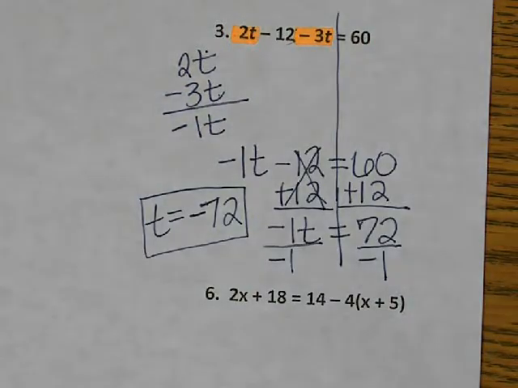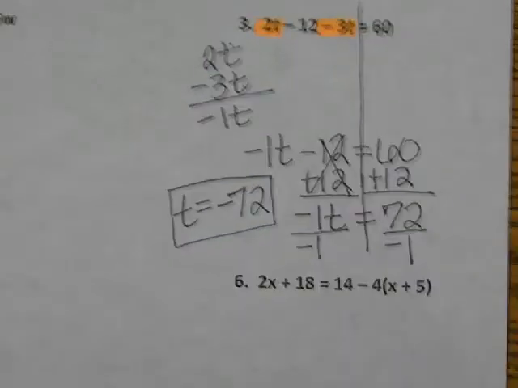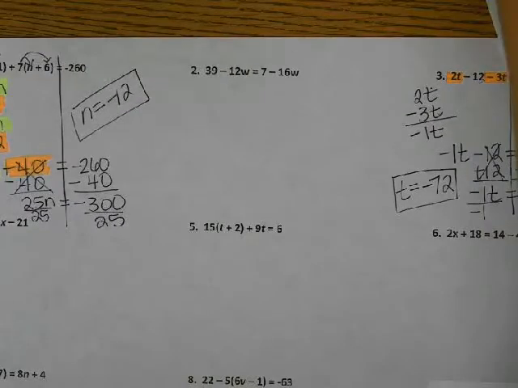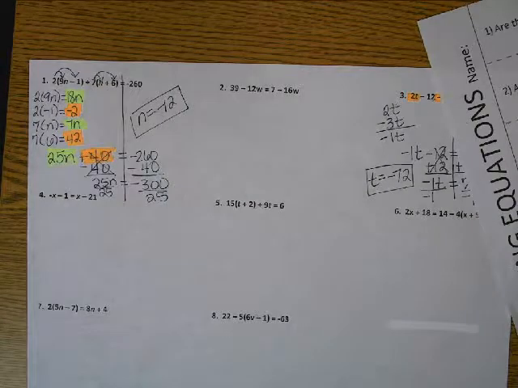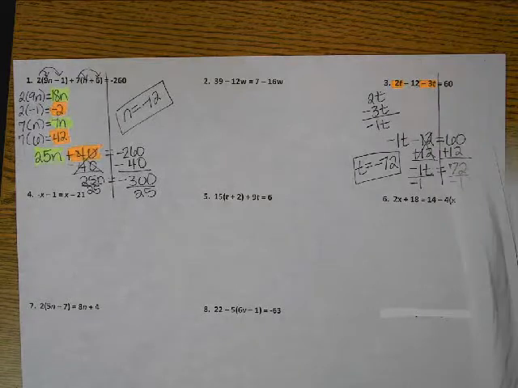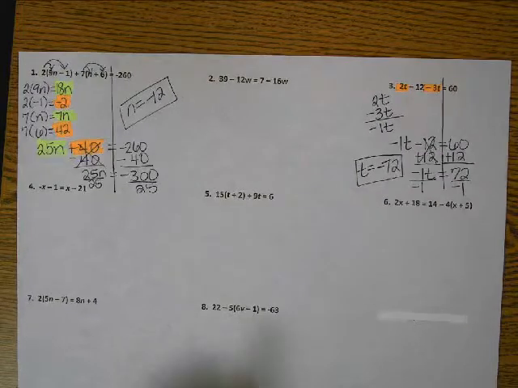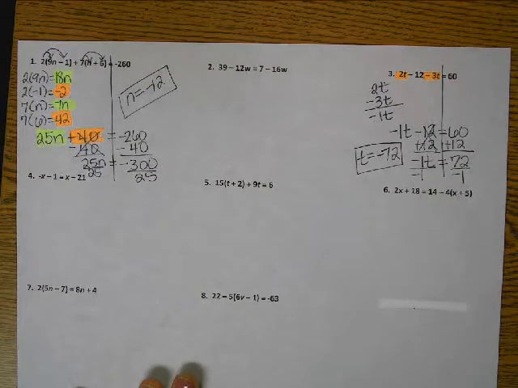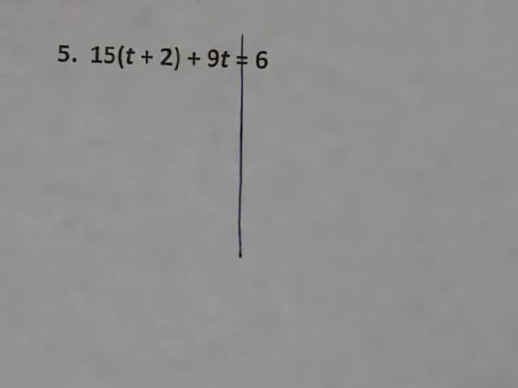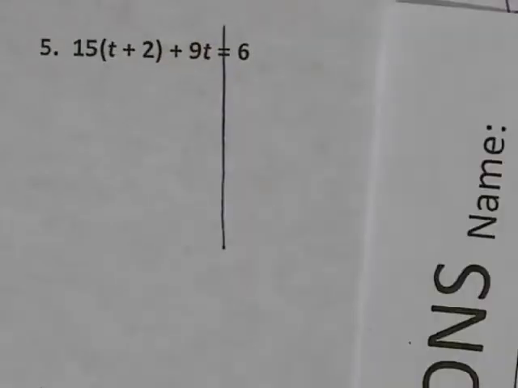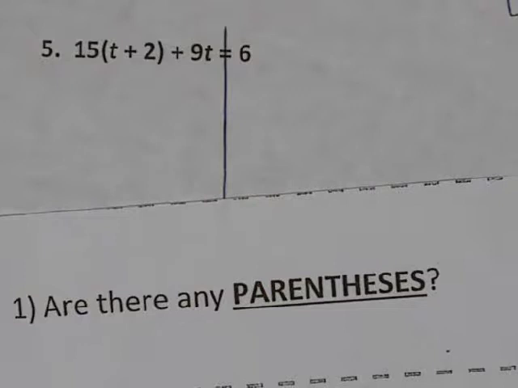Okay. Just for the sake of reviewing right now, look at your worksheet here. Are there any other problems that do not have variables on both sides of the equal sign? Number 8 and number 5. I'd like for you to attempt number 5 right now on your own. So, in number 5, are there any parentheses?